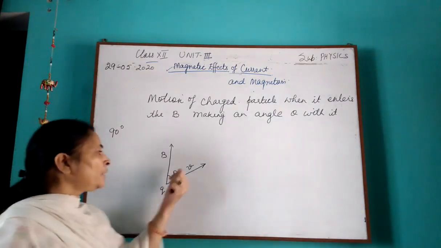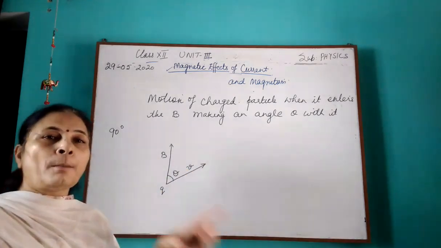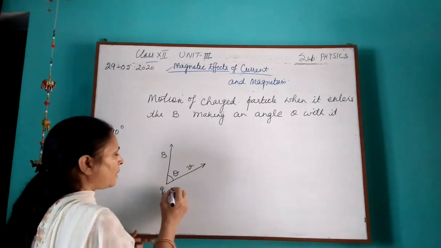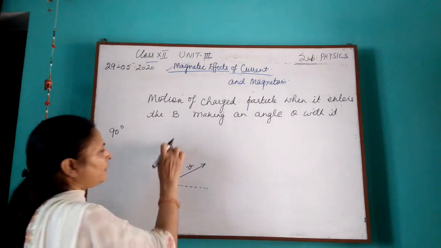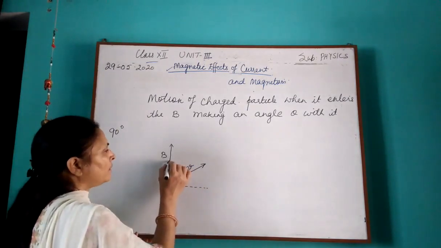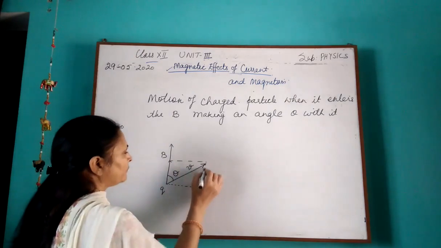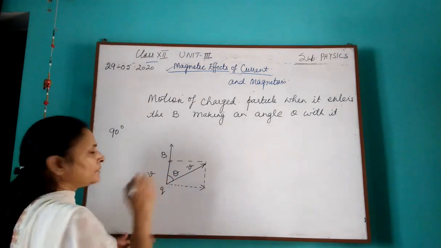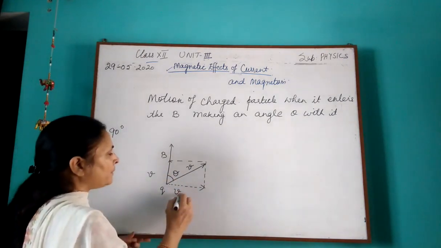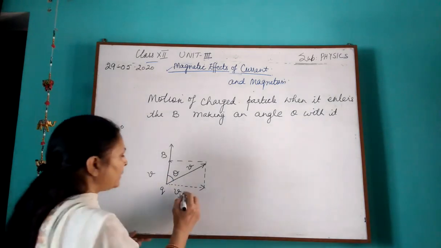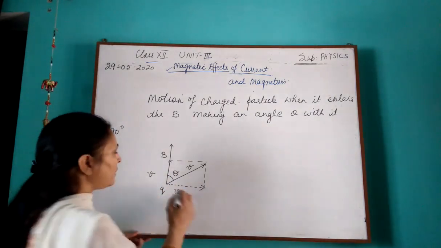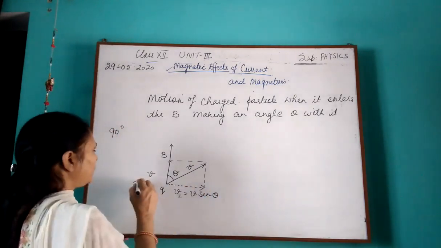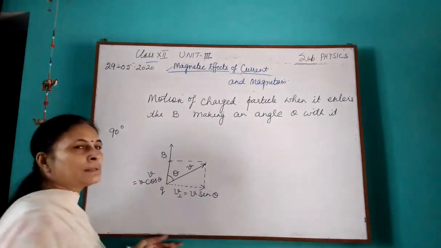So we are going to resolve this V into two components, one perpendicular to B and one along B. Again, we have to know about resolution of vectors. This is the perpendicular component, V sine theta, and this is the parallel component, V cos theta.